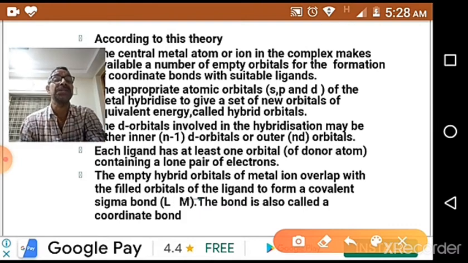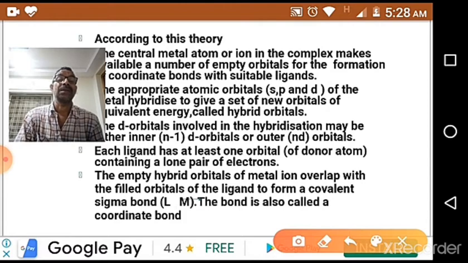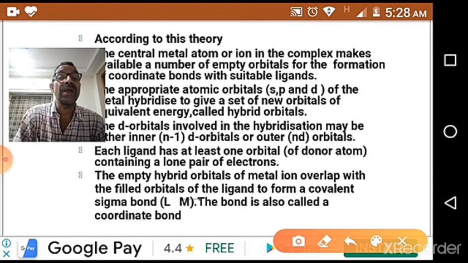As per this theory, we can explain the formation and properties of different complexes in this syllabus. These are the important postulates of valence bond theory. Once again, the metal atom has to provide the required number of vacant orbitals. After that, these orbitals undergo hybridization.